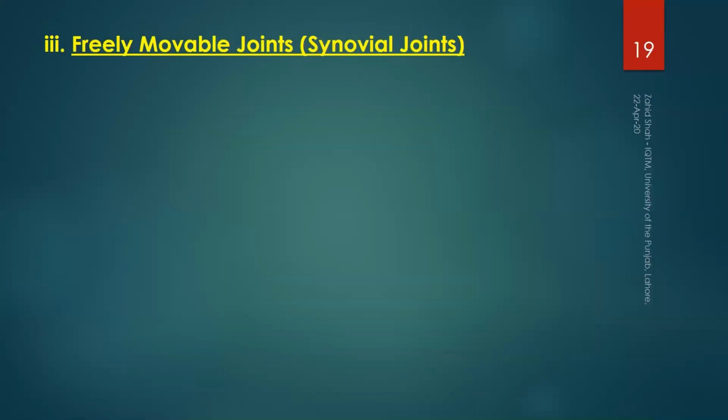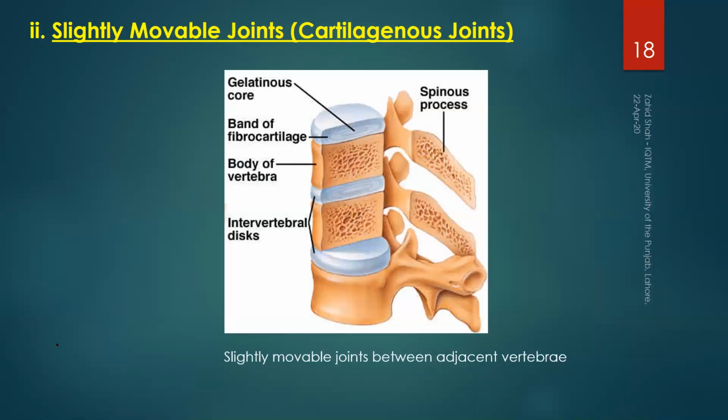So as we saw, cartilaginous joints can be immovable or slightly movable. The joint between ribs and sternum was a cartilaginous but immovable joint, but the joint between your vertebrae and intervertebral disc, okay, we will take this example at the moment, is an example of a slightly movable joint.